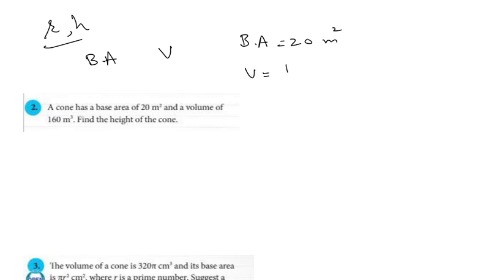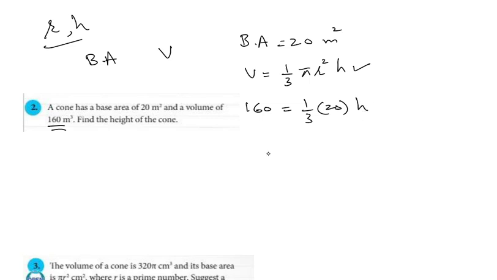We need to find the height of the cone. Volume is equal to 1 over 3 pi r squared h. Using the given values in this formula, we get V, which is 160 meters cubed, equal to 1 over 3, and pi r squared is the base area, which is 20 in this case, and h we need to find.